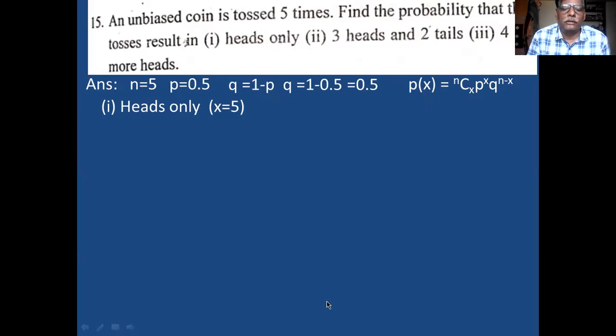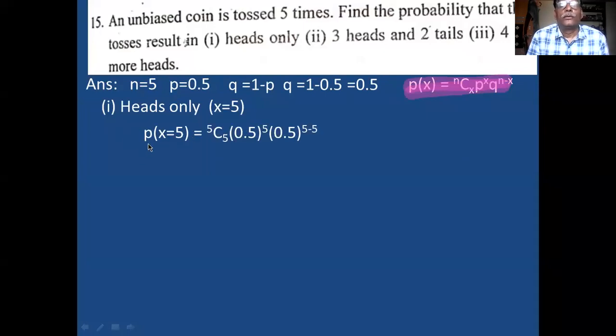In this equation, you fill the value. Okay, I'll write here. Probability of x is equal to 5 is equal to n value is 5, x value is 5, 5C5. P is 0.5 raised to x means 5.